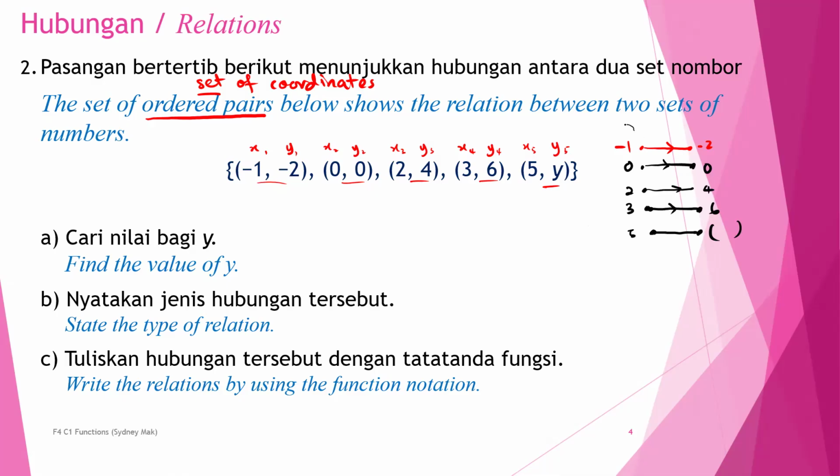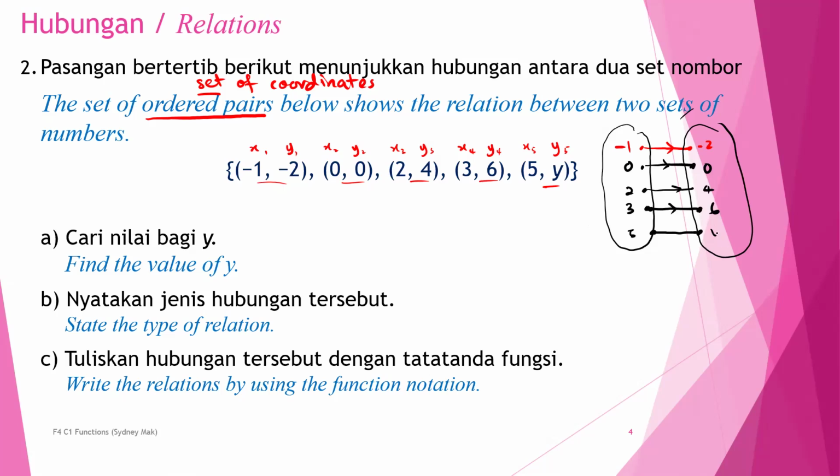So I can also form the arrow diagram from the ordered pairs. By looking at it, how are they related and what is the value of y?